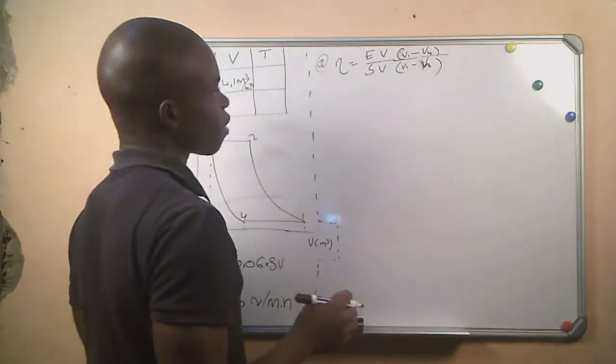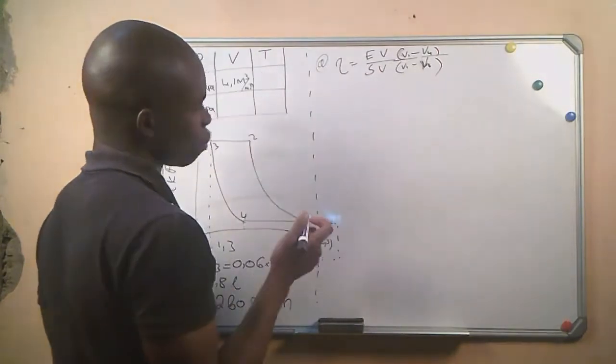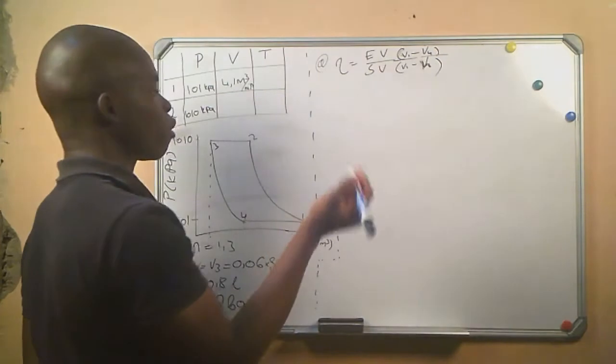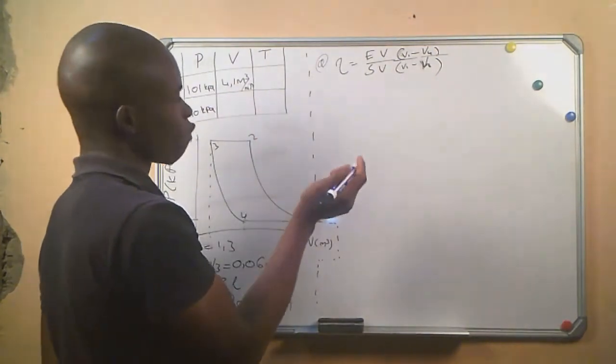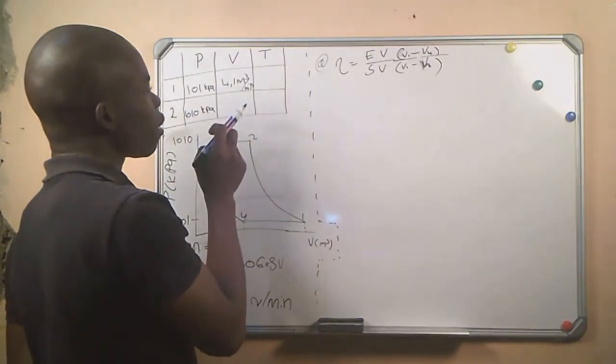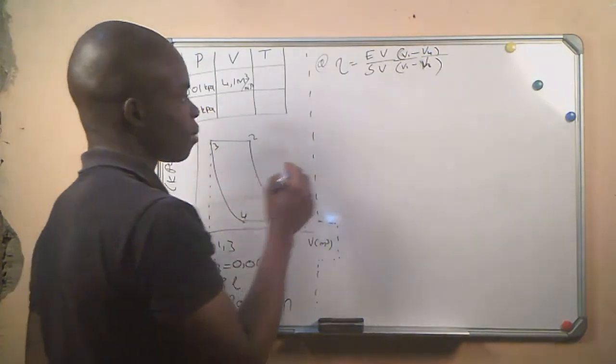So first, we must calculate the stroke volume, the swept volume. We know there is a formula where we can find the stroke volume, since we are given the amount of volume per minute that comes into the system.